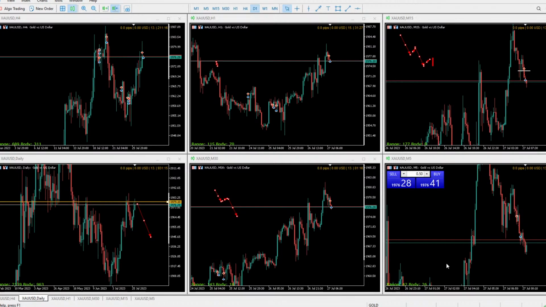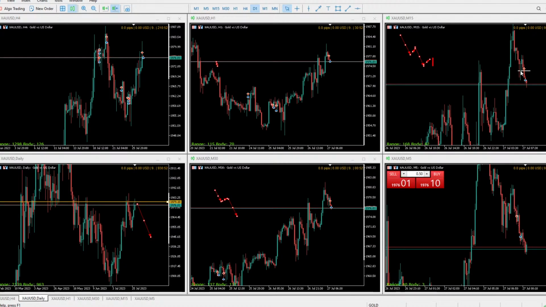Only if there were no wicks on these three long, you guys can see, right? These wicks are really long wicks here, on this 15-minute time frame. 1, 2, 3.